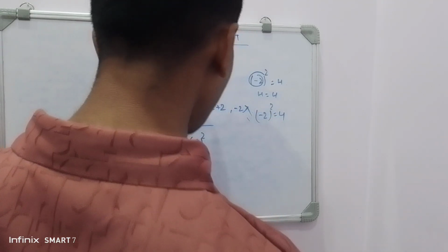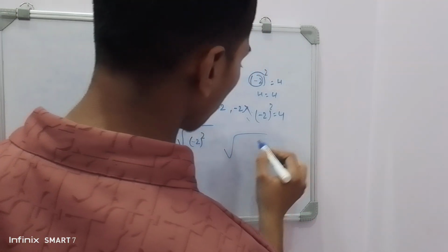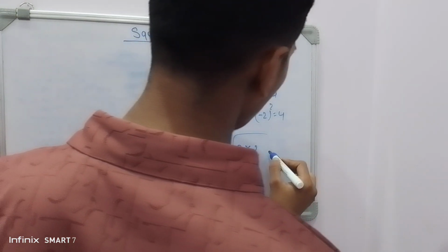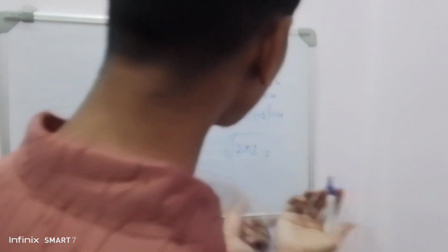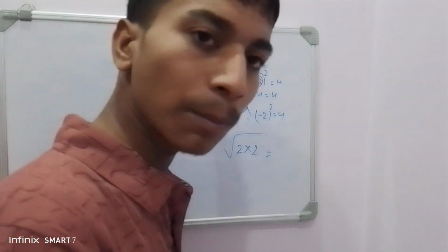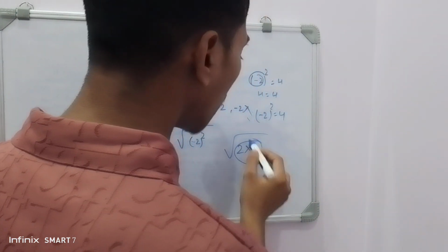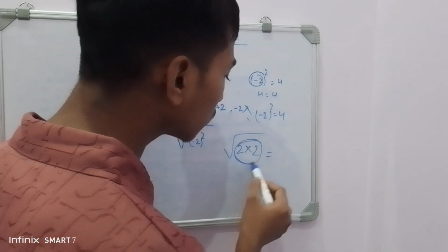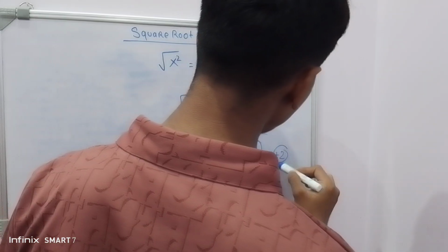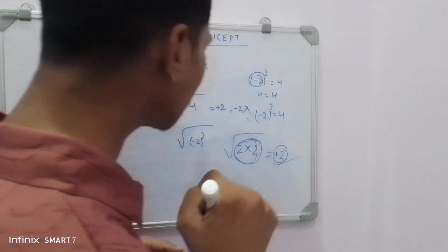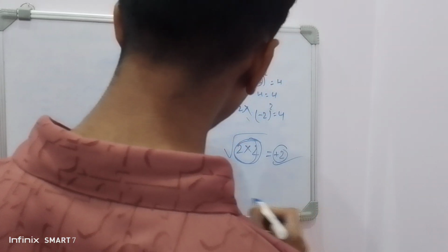And from here we know a concept: as our teacher teaches, if you have two equal numbers multiplied inside the root, then one number comes out of the root. So as we have two numbers, one number is going to come out.